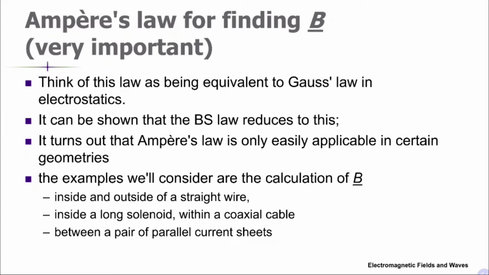The examples we'll consider in this module are inside and outside of a straight wire, inside a long solenoid, within a coaxial cable, and between a pair of parallel current sheets. Okay, so these are the things that we'll look at in this module.